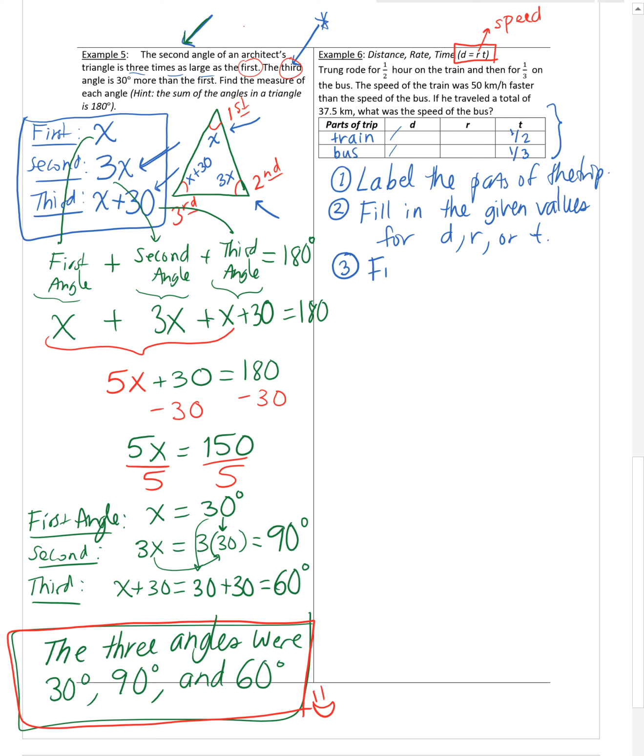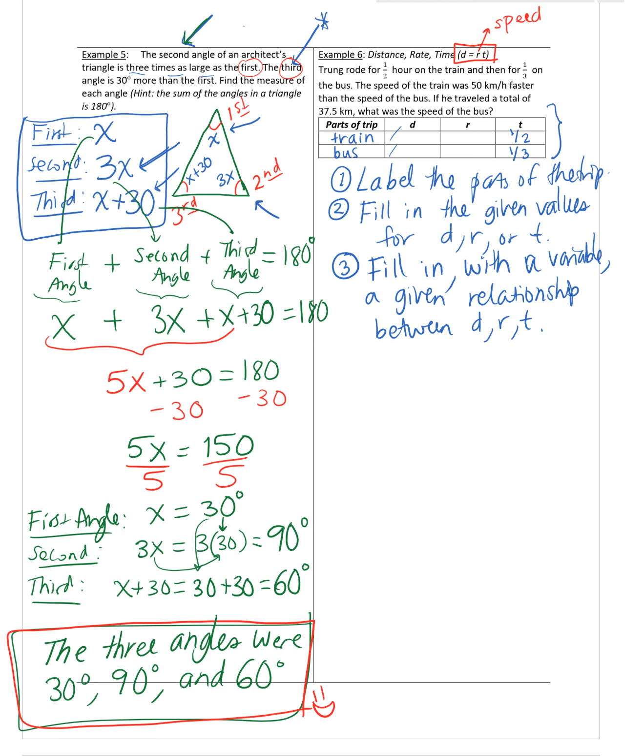So you want to fill in, with a variable, a given relationship between one of the remaining ones, D or R or T. I'm not going to use T because T is already filled in with the 1/2 and the 1/3. So did they give us a relationship between the 2 distances or the 2 rates?